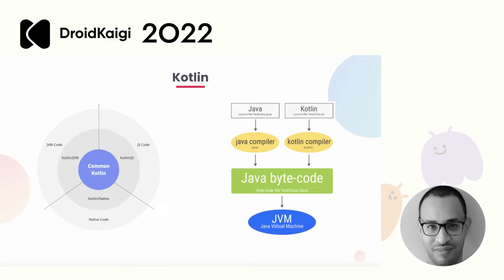The basic idea of KMM is to create your own code-based modules and connect them to your native projects. Thanks to Kotlin, which offers a specific version of Kotlin for each native platform, JVM, JS, and native, each version includes special extensions, tools, and libraries specified for a particular platform.